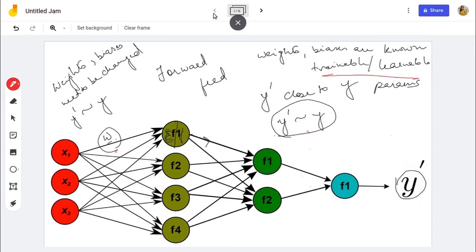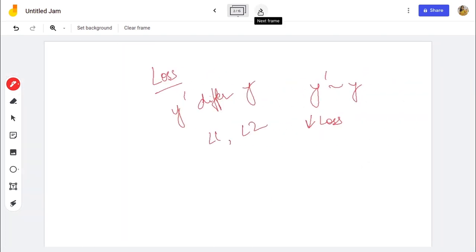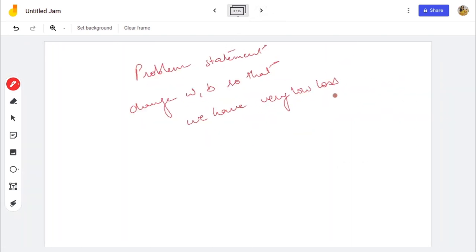We have to solve this. So, how do we actually change the weights and biases to get a very low loss? For that, we use optimization technique. So, what this means is we have to optimize the weights and biases so that we have a very low loss or minimal loss.